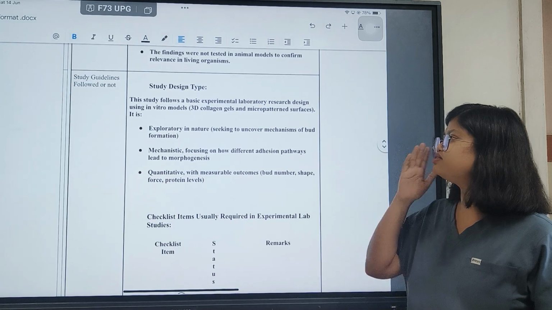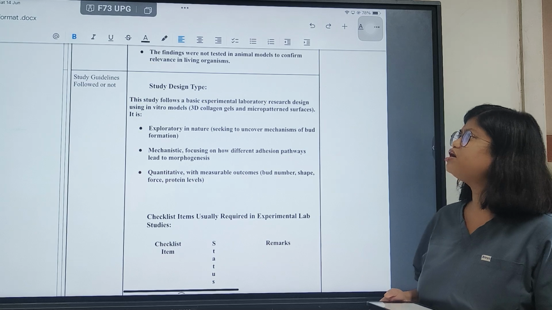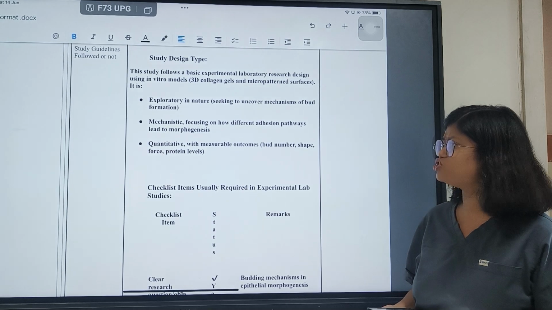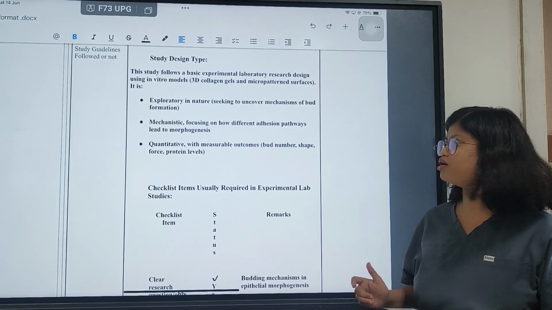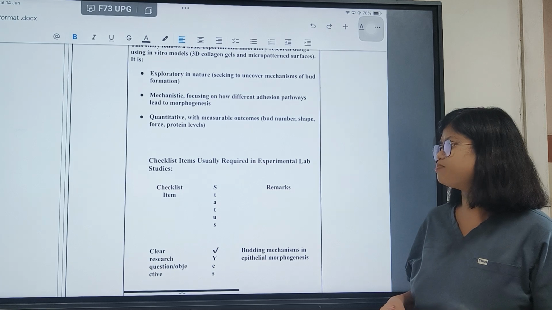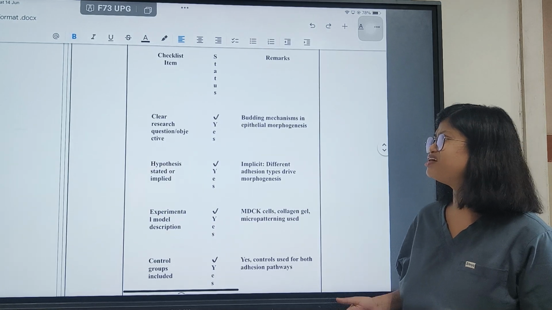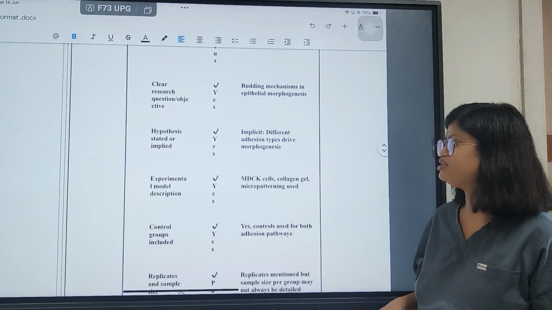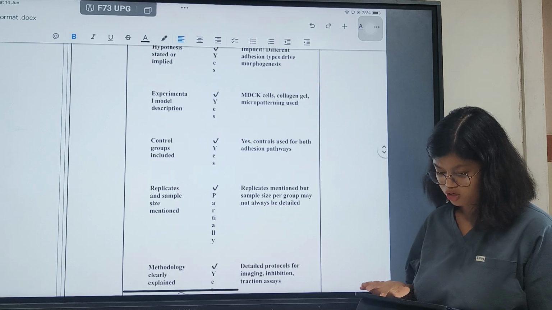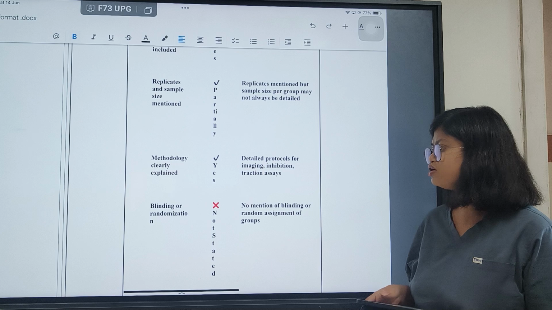Coming to the study design, what type of study design was it? It was a basic experimental laboratory research design, which was exploratory in nature, mechanistic, focusing on the mechanisms, and quantitative with measurable outcomes. So all the checklist items, clear research question, objectives, hypothesis implementation, experimental model description, control groups, were done correctly.